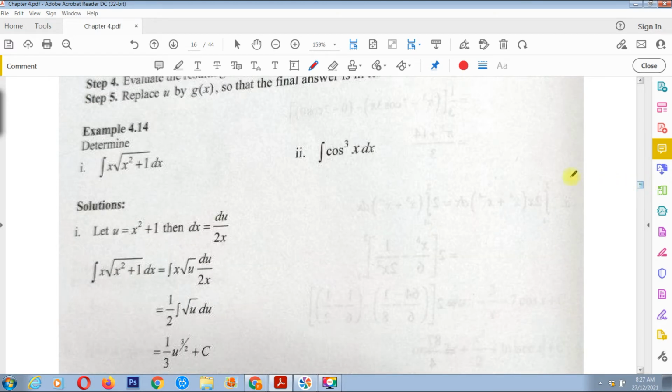Okay, what is substitution? Substitution, we try to make this function easier to deal with.